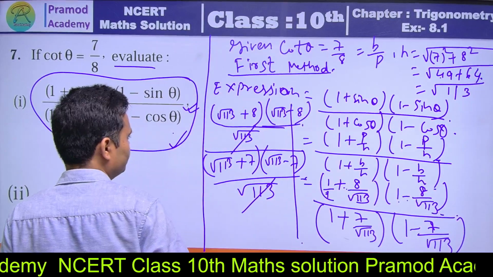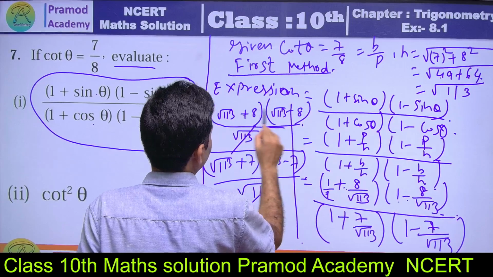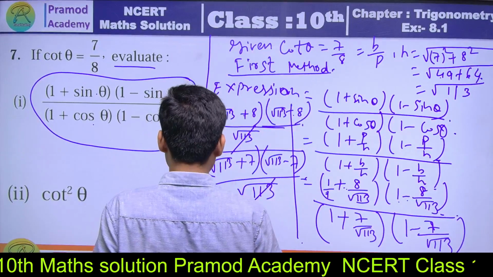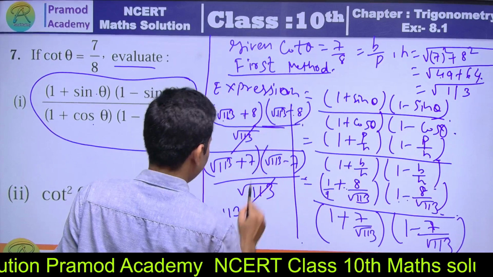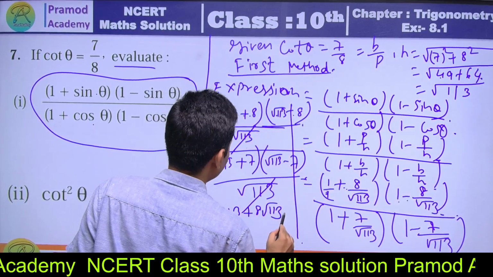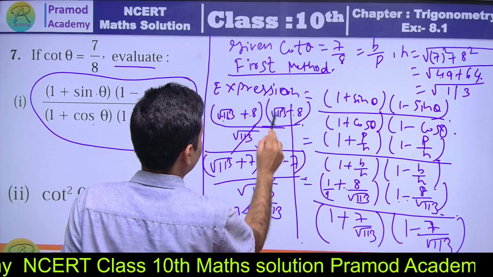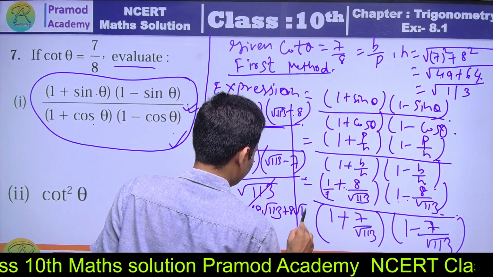This will be 1. Now, this is plus, this is minus. If I multiply this, this will be 113, this will be plus 8 root 113, and this will be minus 1. This will be plus 8 root 113.